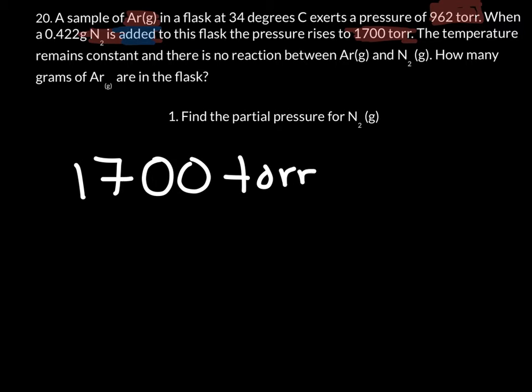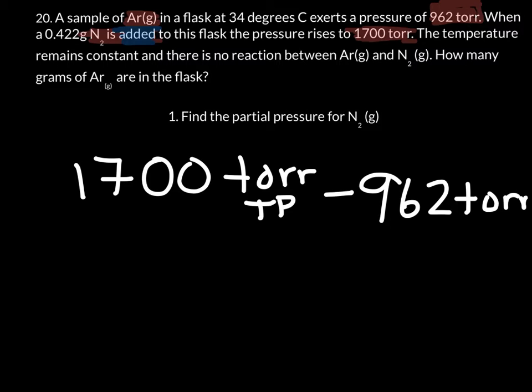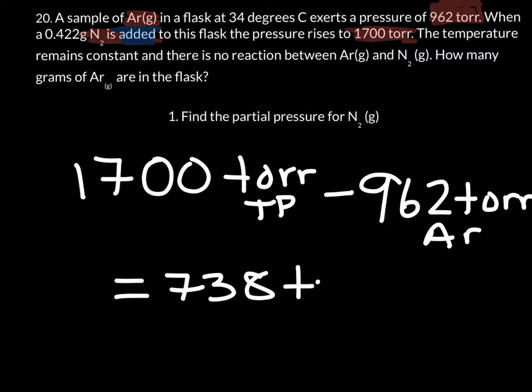So to find that, we're going to subtract 962 torr of argon from 1,700 torr of total pressure, which equals 738 torr of nitrogen gas.